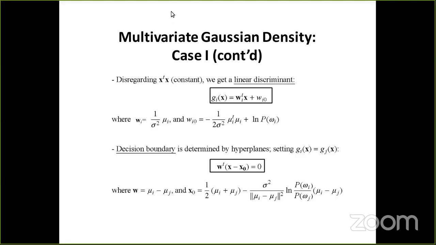Shubham? Yes, sir. When we were finding this decision boundary, we were equating both the cost functions and finding the points which are the same. I understood that it's mathematically fine to do that. But which class will these points belong to? Because they are lying in both of them, no? First of all, that's not a good way to think about it, because any point in a continuous space is infinitesimal.